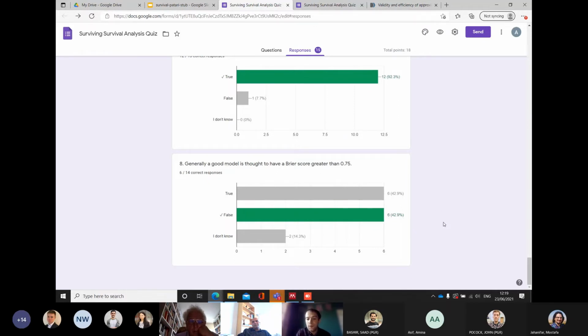So if you have a model that has a purely random probability of 0.5, and your status is 1, so you've survived, then you automatically get a Brier score of 0.25. So a good model is considered to have a Brier score less than 0.25. So it's actually 1 minus what we've got there. So the answer was false, but I appreciate that's probably a little bit tricky.